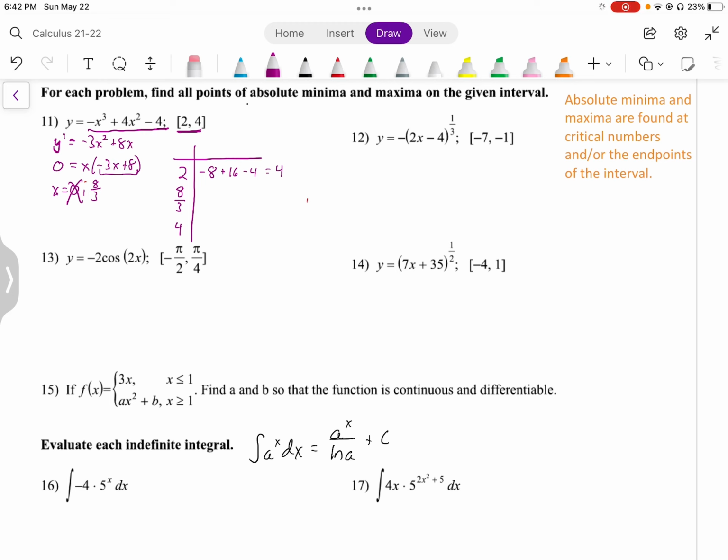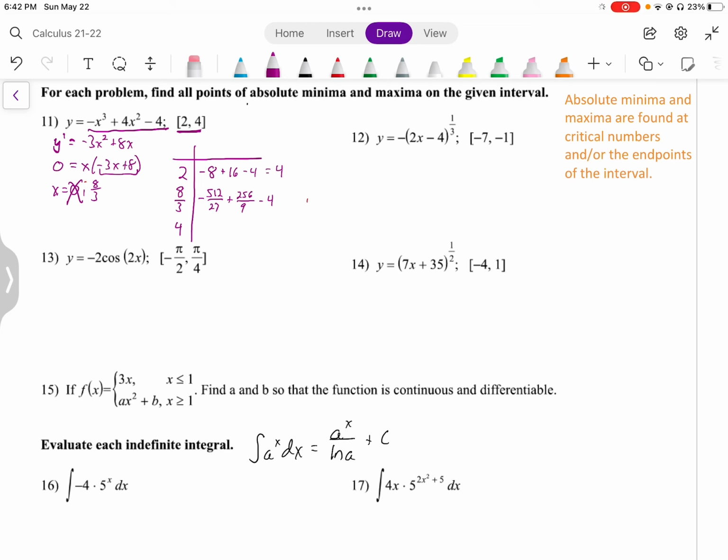Put in 8/3. This is going to be negative 512 over 27, because 8 cubed is 512 and 3 cubed is 27. Putting 8/3 in there, 8 squared is 64 times 4 is 256, over 3 squared, which is 9, minus 4.